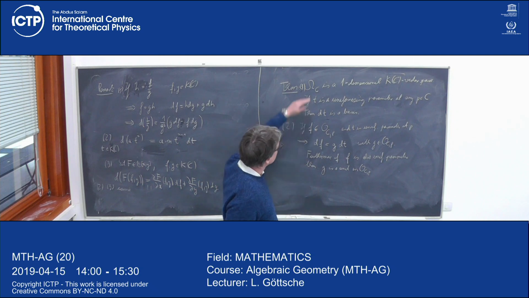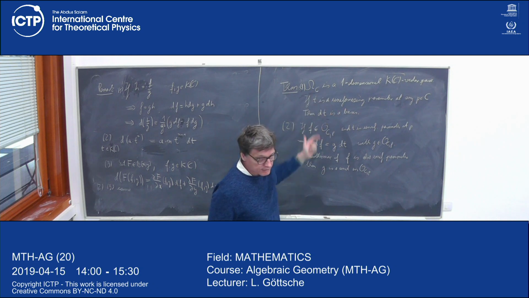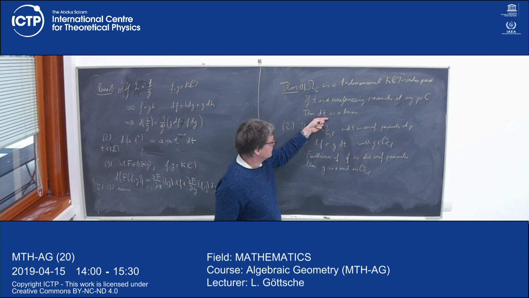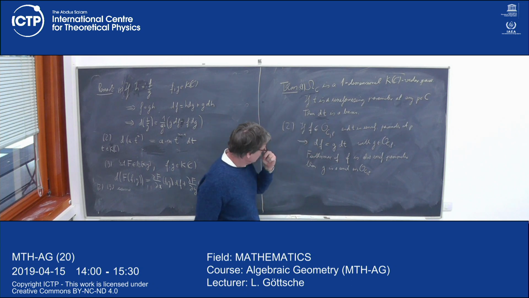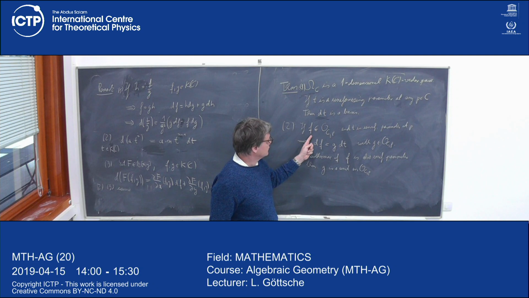So the claim is this enormous vector space divided by an enormous subspace is actually a one-dimensional vector space. I can choose the d of a uniformizing parameter as a basis, and if I do this, then for any function which is regular at P, also the coefficient will be regular at P, and if f was even a uniformizing parameter, then this coefficient will be a unit, so it will be non-zero.